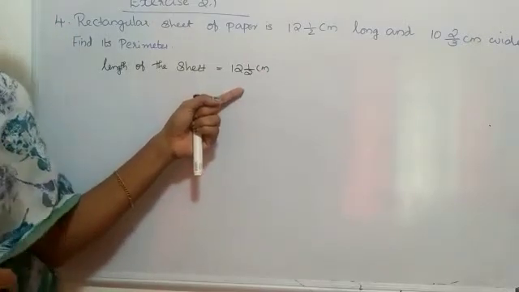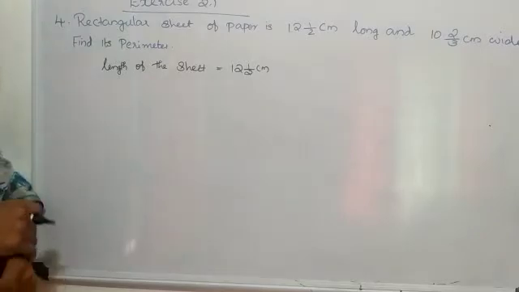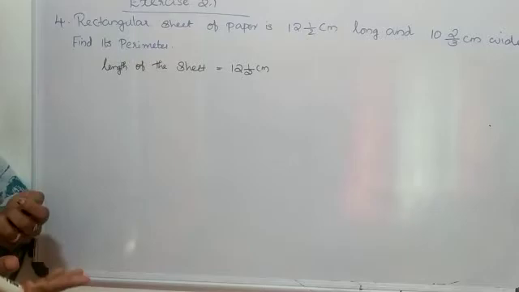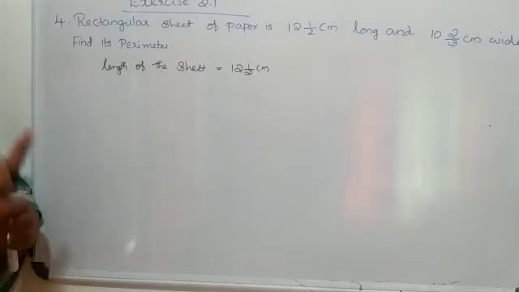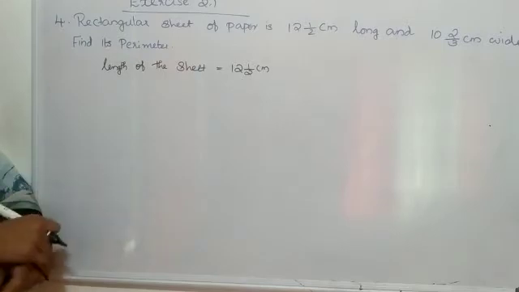This 12 1/2 centimeter is a mixed fraction, right? That we have discussed in our earlier class. What is a fraction? What is a proper fraction, improper fraction, mixed fraction, like fractions, unlike fractions? Everything we have discussed in our earlier class. If you have any doubt, please revise those classes again, then go through this video.